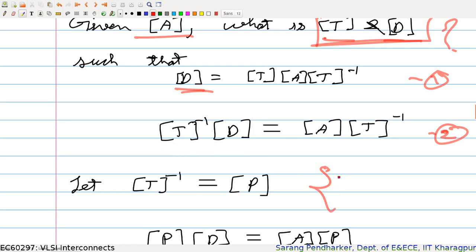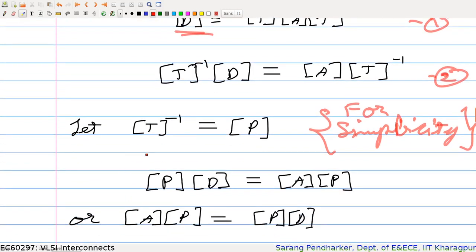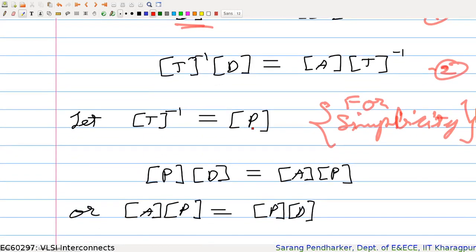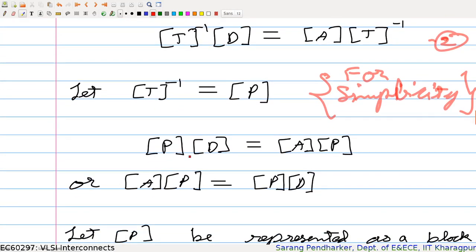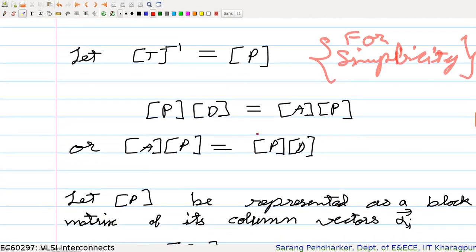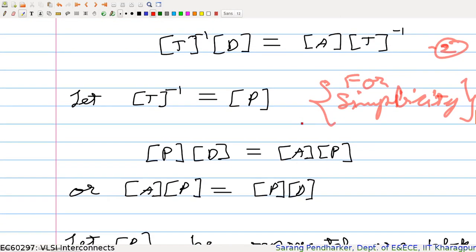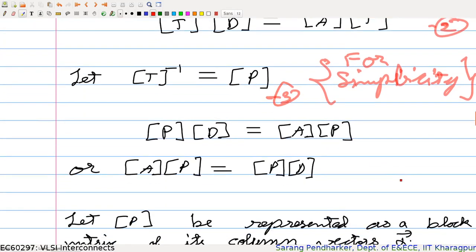So just for the sake of simplicity, let me define T inverse as a new matrix P. And now what I have is P into D is equal to A into P. Let this be equation 3 and this be equation 4.